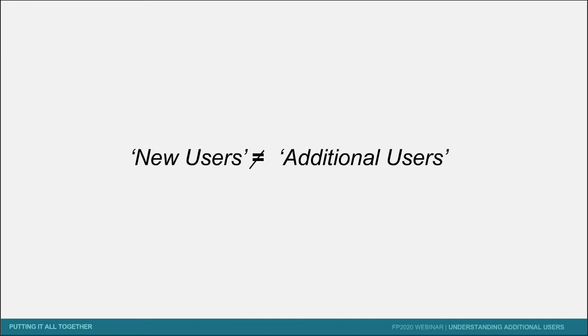Regardless of its meaning, new user refers to an individual along with other individual level metrics like adopters or first-time users, and therefore it cannot be used interchangeably with the aggregate measure of additional users. Being clear about what we count and what we mean is important.